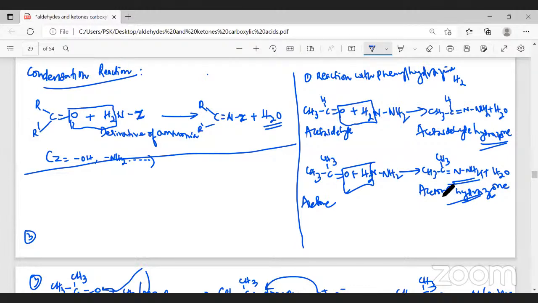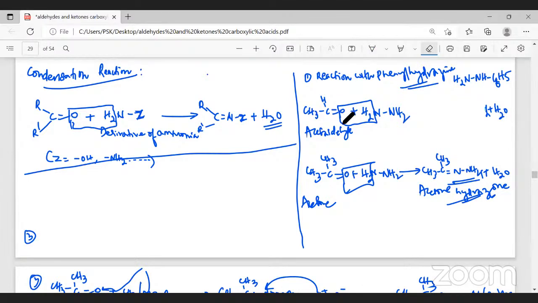So what will happen now? I will rewrite the structure because you need space. This is phenylhydrazine. So when you heat it or allow it to react, water gets eliminated. What's the product you get?